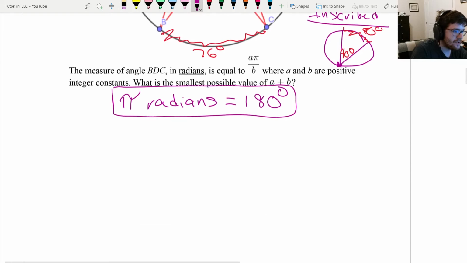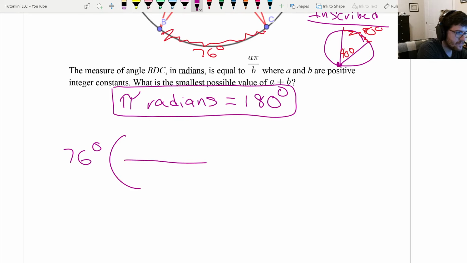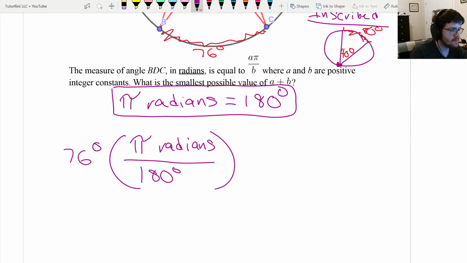We are going to do 76 degrees, and put 180 degrees on the bottom and pi radians on the top. The degrees will cancel because they're on opposite sides of the division sign, and we're left with radians.